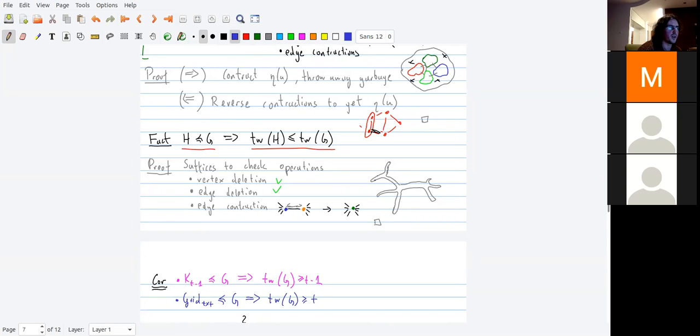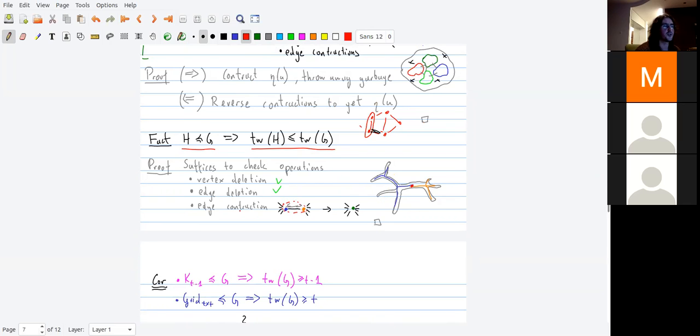For instance, the subtree corresponding to the blue vertex looks like that, and the subtree corresponding to the orange vertex looks like that. Now these two subtrees need to intersect somewhere because there was an edge. There must be a bag containing both of those vertices.